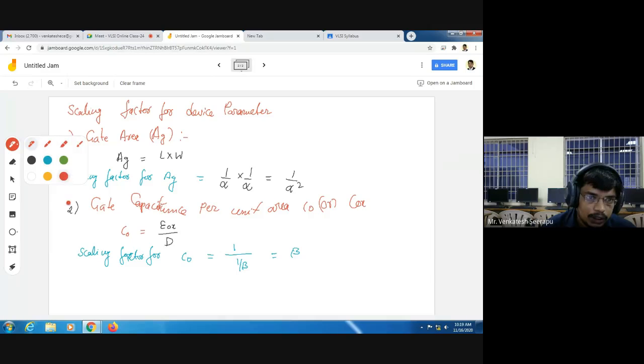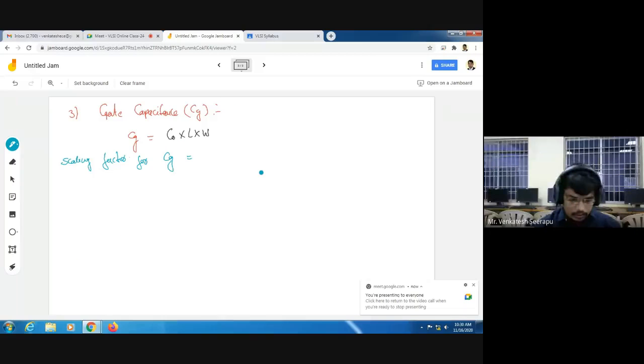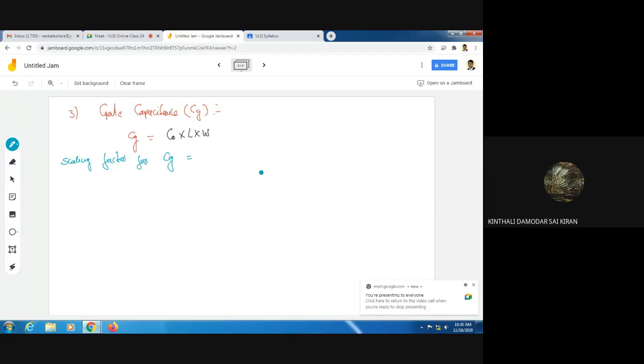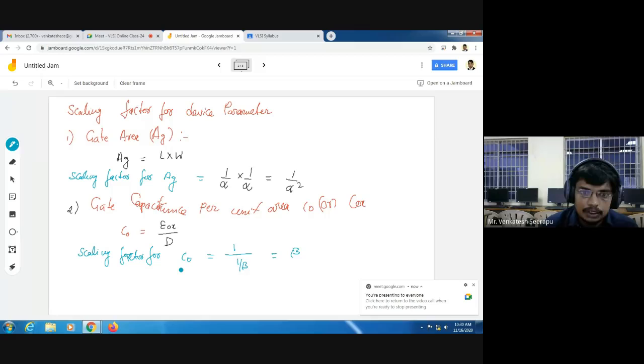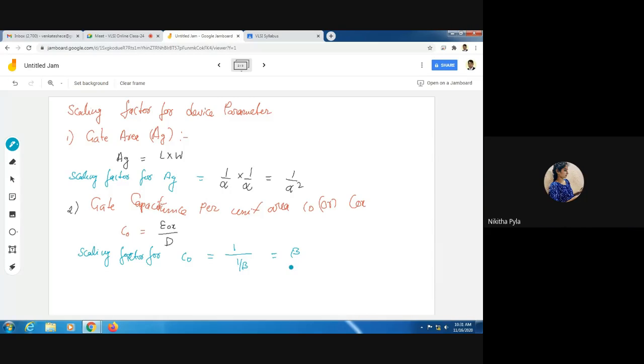Third one, now we will calculate on the next page. Screen is visible? Yes, sir. Now tell me what is the scaling factor for CG? What is the scaling factor for C naught here? We got beta, sir.